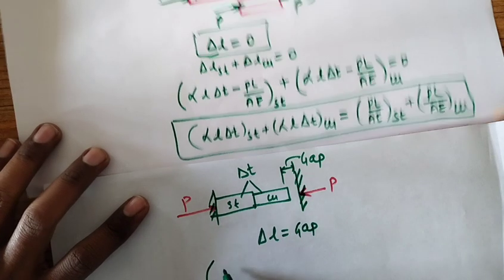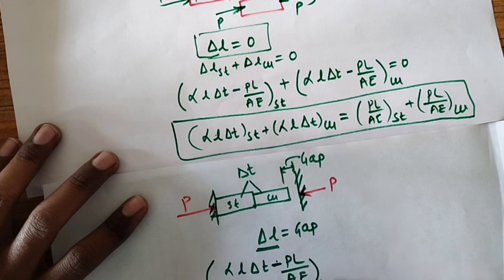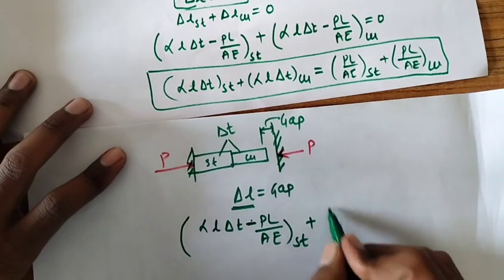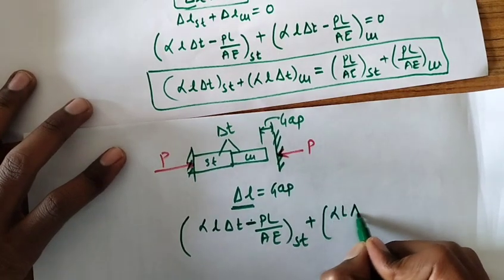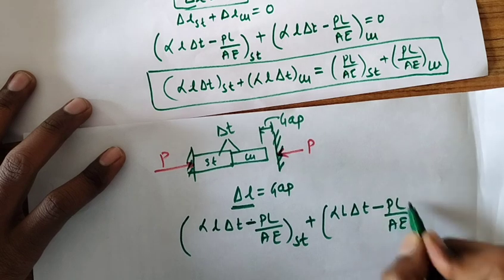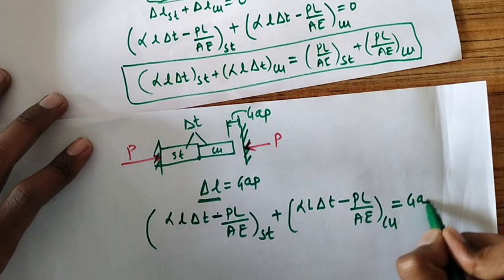So how much is it? It is nothing but alpha, let's again consider by two ways, alpha L delta T plus minus PL upon AE for steel plus alpha L delta T minus PL upon AE for copper, but now it is not equal to 0, but it is equal to gap.